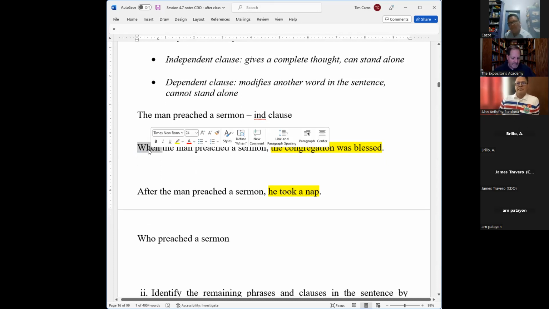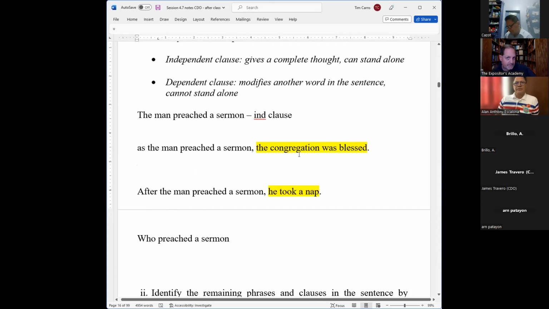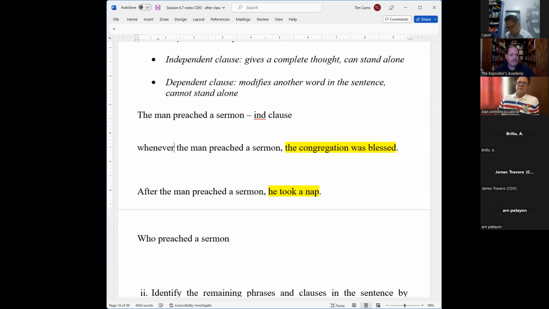Or, as the man preached the sermon, the congregation was blessed, or whenever. There'll usually be a connector word that introduces the clause that will tell you it's dependent.